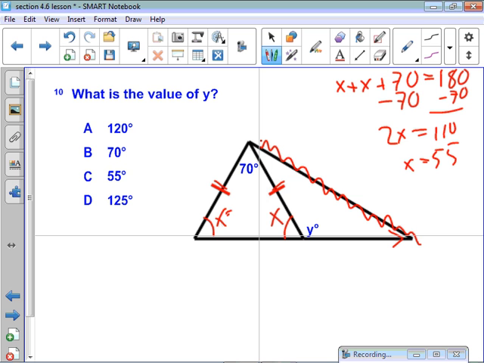So let's label that 55. Now, by the exterior angles theorem, y here has to be the sum of 55 and 70. So y equals 55 plus 70 equals 125.